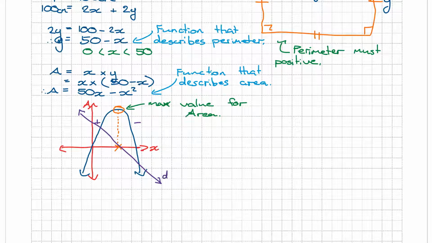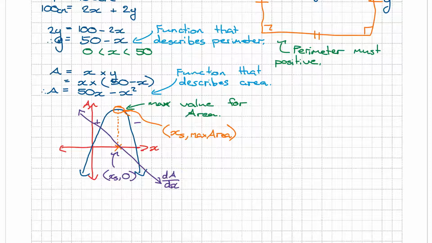So this will be dA over dx, or change in area with respect to change in x, and this is going to occur at x stationary and 0. So therefore this guy up here will be at x stationary, and this will be at the max area.